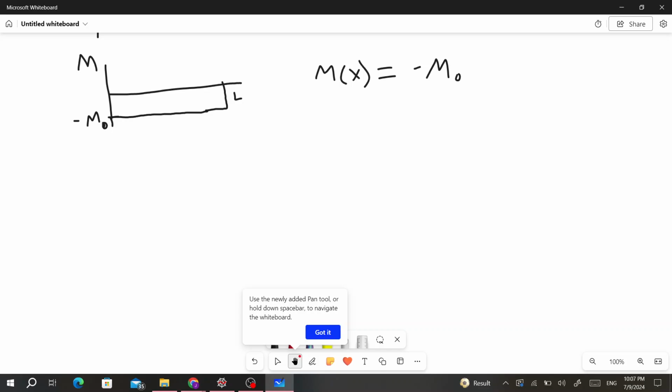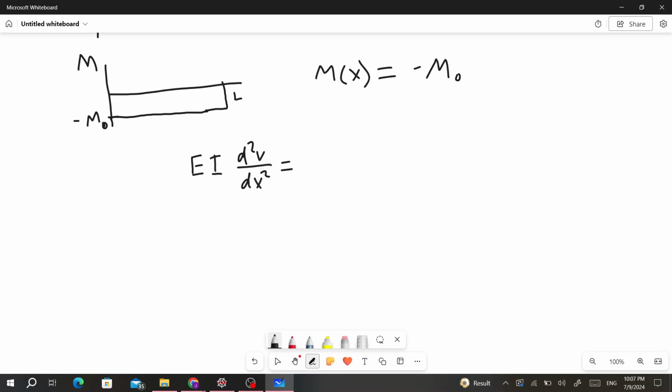We know this relationship: EI d squared v dx squared is equal to the moment, and we just said that our moment is equal to minus M naught. That's our expression for moment as a function of x. So we go through the process of integrating twice.